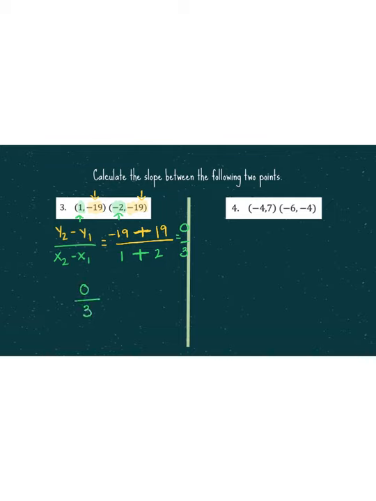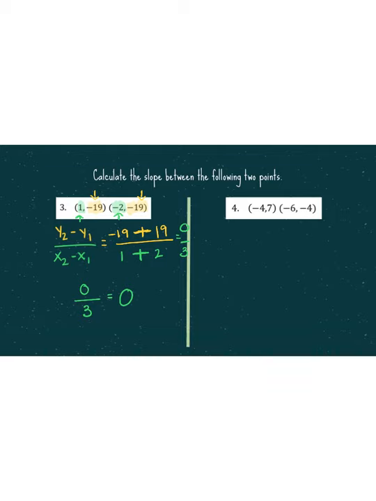Well, you can't have a 0 over 3. If you had 0 and you tried to divide it by 3, you would end up with nothing. There would be nothing left over. So you can't have 0 over 3. So that's just going to be a 0. You can't divide nothing by 3. My slope for that one is going to be 0.